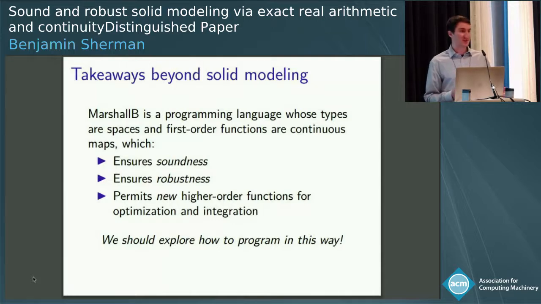And moreover, just by having soundness, we don't have to be just negative people saying, no, you can't implement certain things, which we do. It also allows us to compute other things, such as these higher order functions for optimization, like we saw with sup and inf. And similarly, we can do things like integration. Thank you.